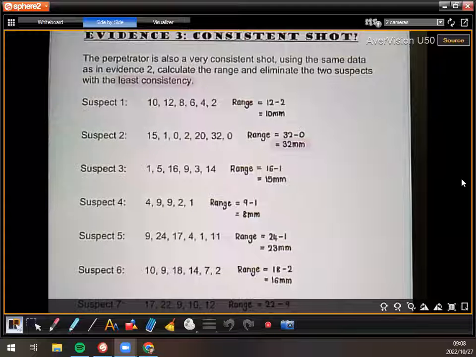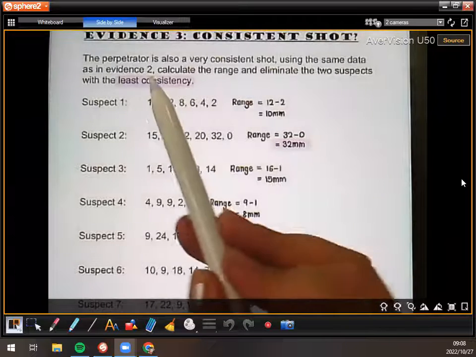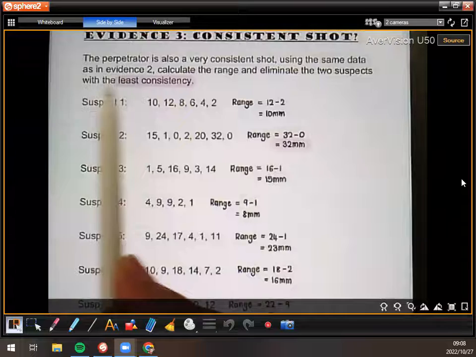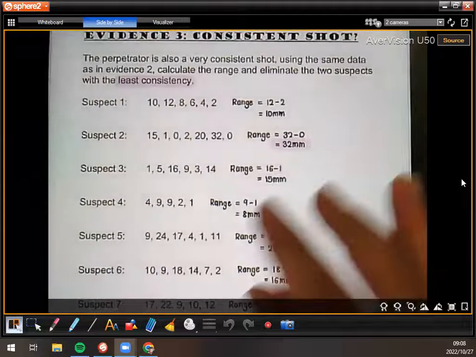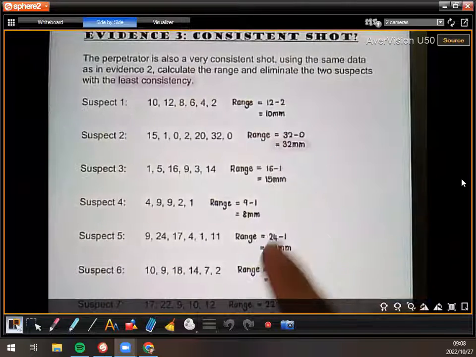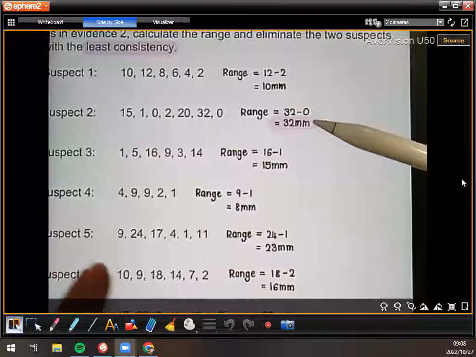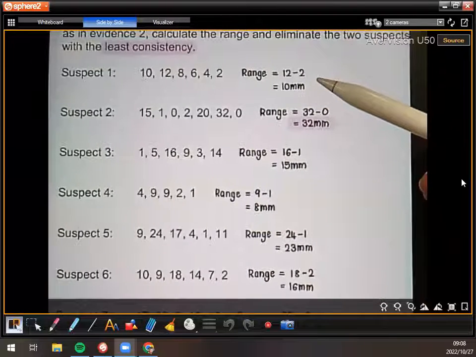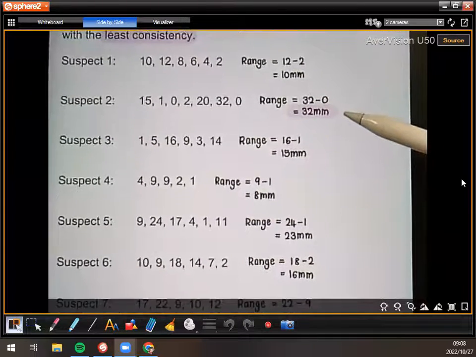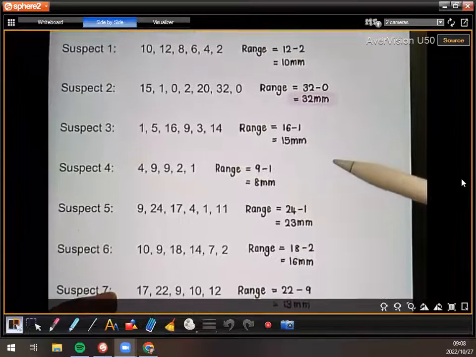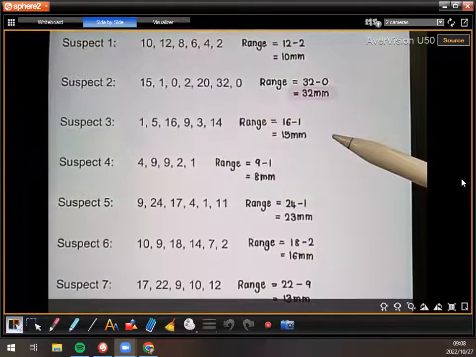It was the same concept here, right? We had to eliminate the 2 suspects with the least consistency. So you didn't have to write the working out exactly like I did here. You could have just written the answers. Do we agree that for suspect 1, the range was 10? Suspect 2, it was 32. Suspect 3 was 15.